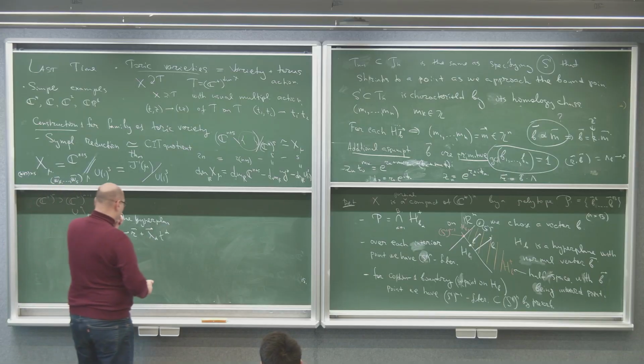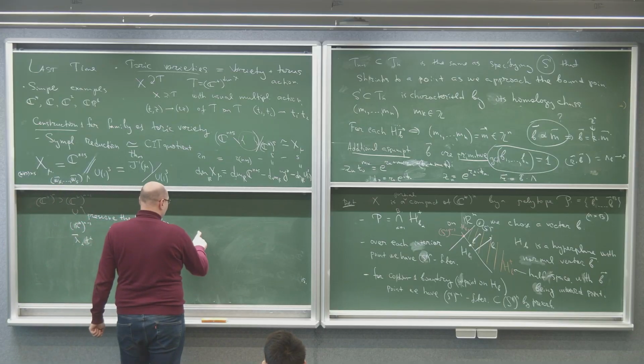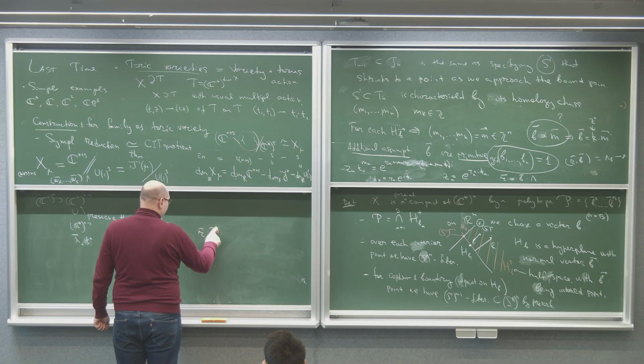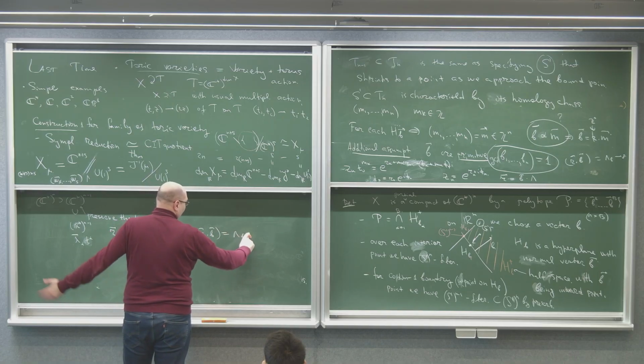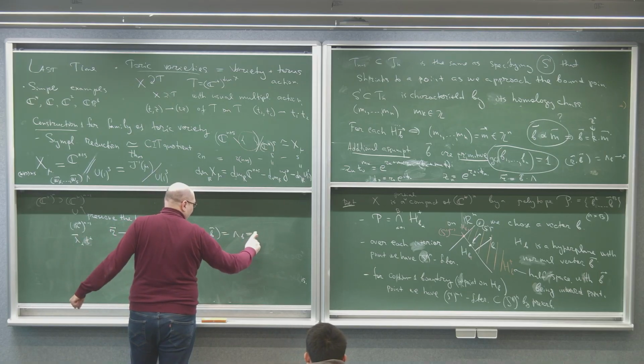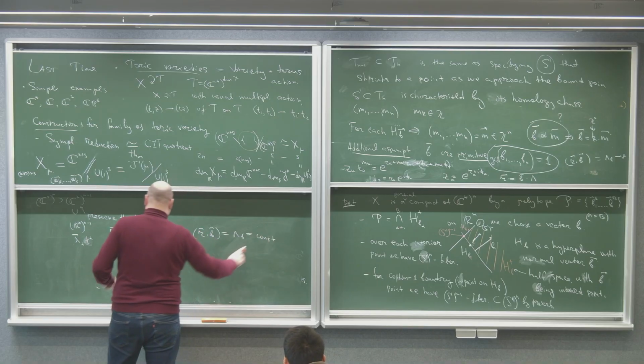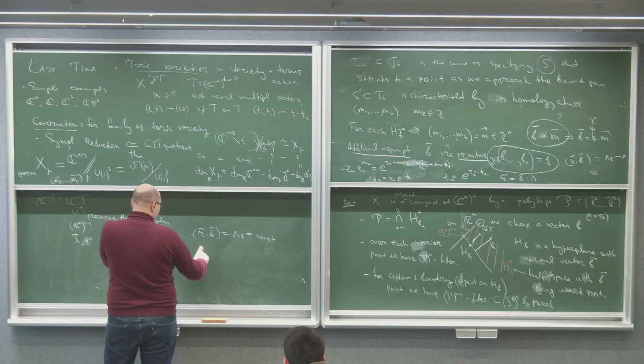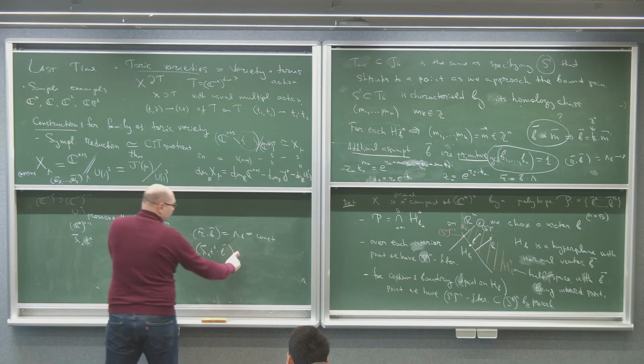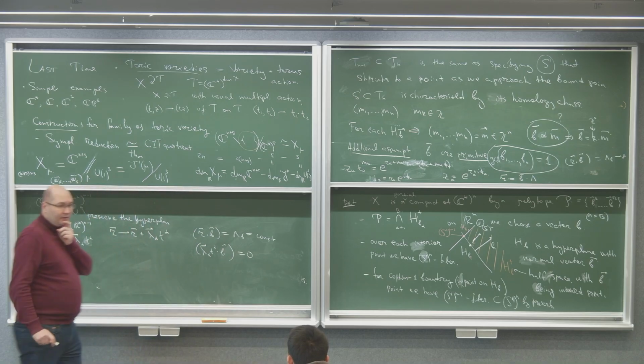To preserve the hyperplane, which is given by this equation equal to some constant, we need a condition that as we shift, this thing is 0.